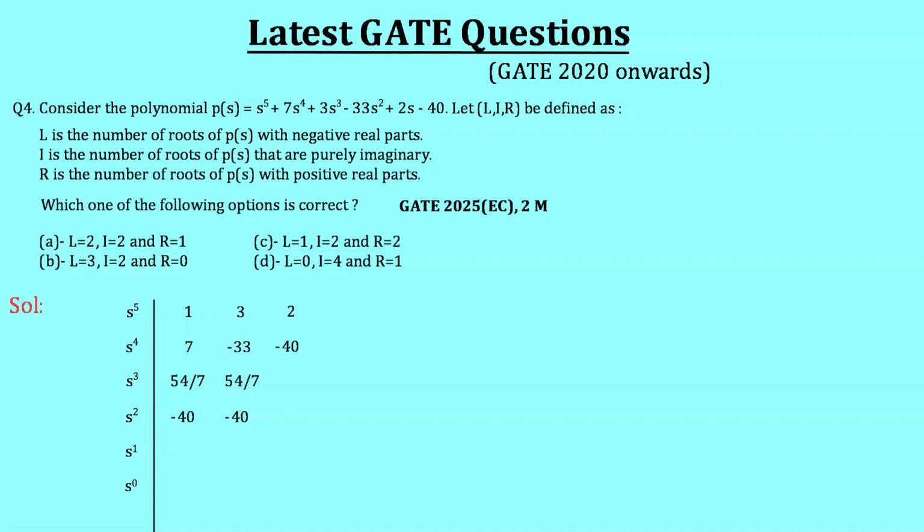Actually, there is a maximum limit on the number of elements a row can have, which depends upon the power of s. The row corresponding to s raised to the power 1 can have maximum number of elements equal to 1, which in this case will come out to be equal to 0.